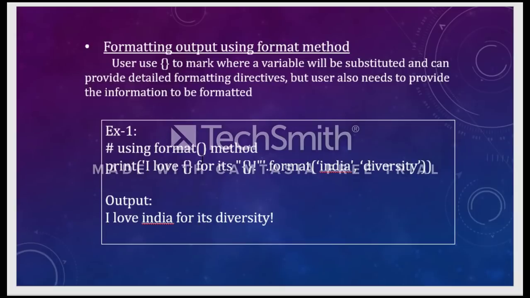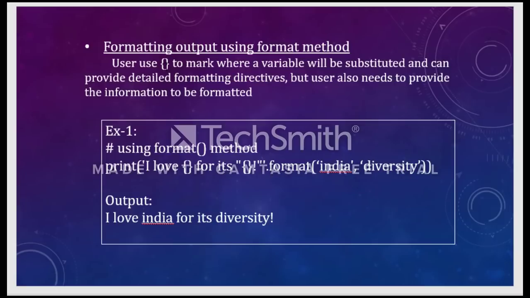Next, there is a method called the format method in Python. With that format method, I can also print the output as I wish. Suppose I want to print the statement, I love India for its diversity. By using the format method, we can print output as required.